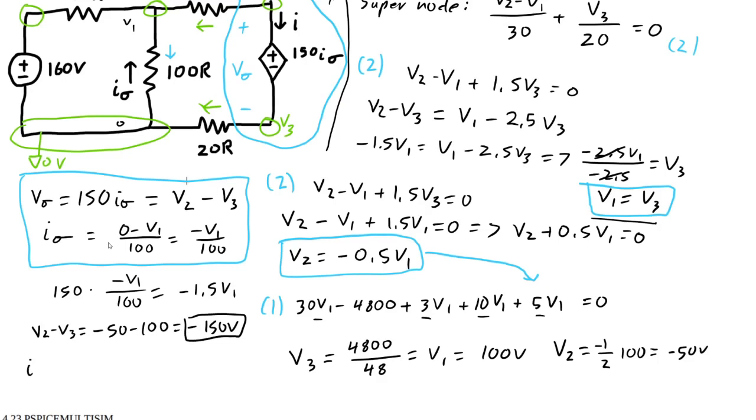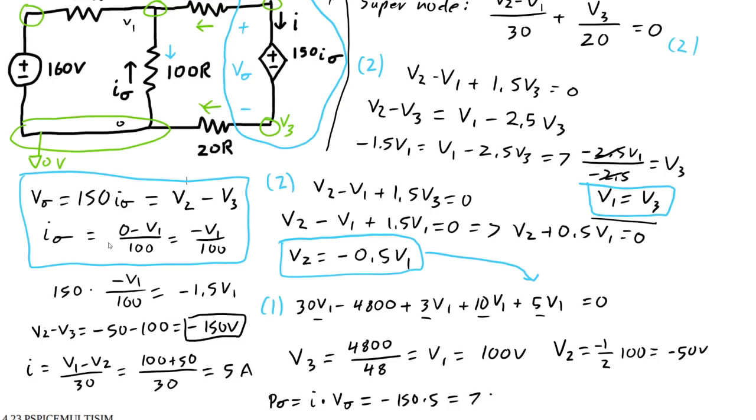And then I is just going to be V1 minus V2 over 30. So that's 100 volts minus negative 50 volts, so it will become 150 over 30. So 150 over 30 is 5 amps, which means that the power, let's say power sigma, is going to be I times V sigma, so negative 150 times 5 equals 750 watts being supplied.